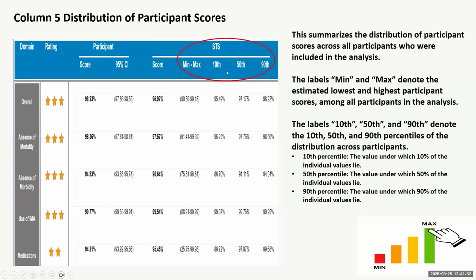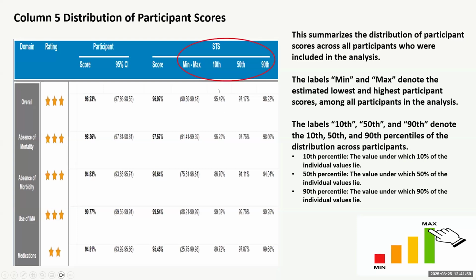We also have the 10th, 50th, and 90th percentile. So this is distribution among all the other participants. So the 10th percentile, the value under which 10% of the individuals lie. So when we look at the first line here, the 10th percentile is 95.49.